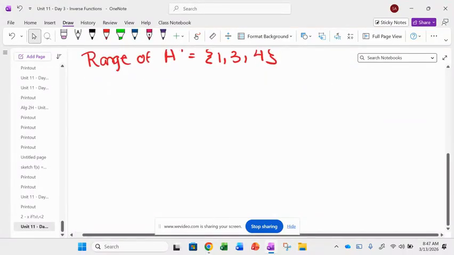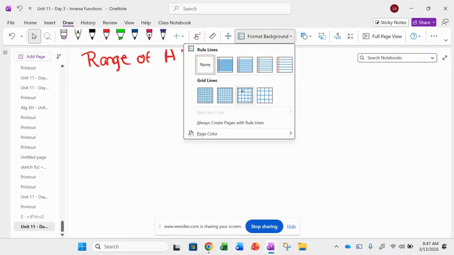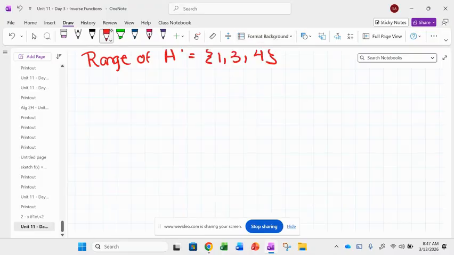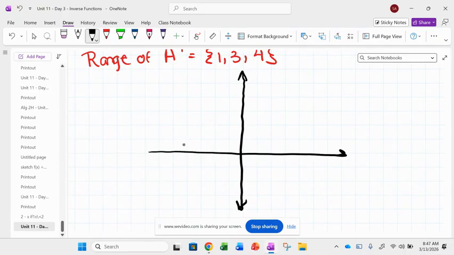Let's say, you don't need graph paper for this. You don't even have to write this down. I just want to show you. Let's say I have a point, and that point is (-2, 1). And now the inverse of that point, right?